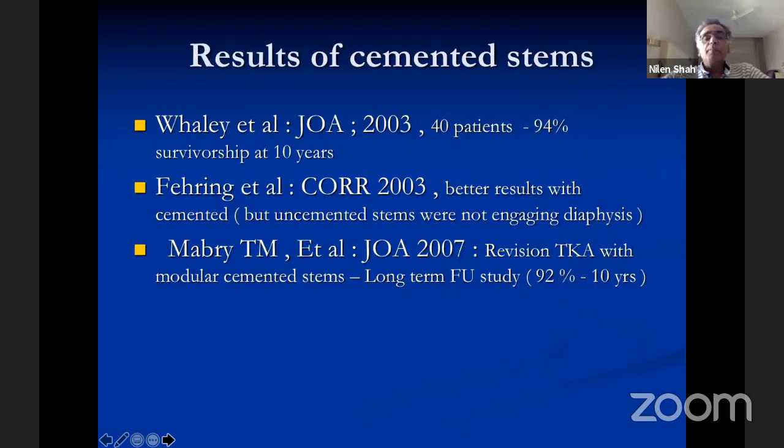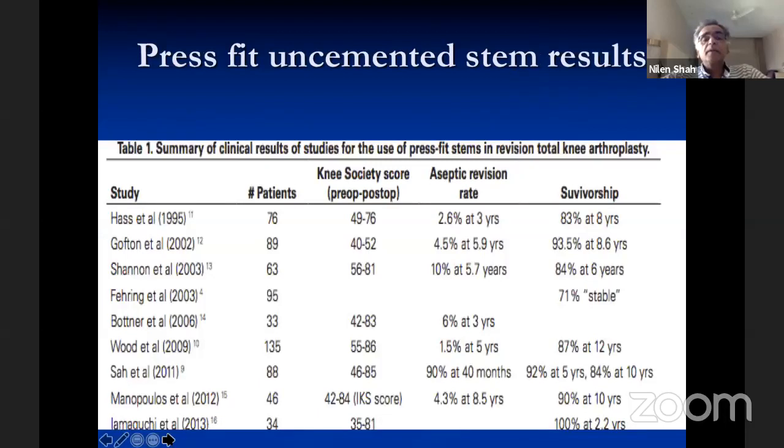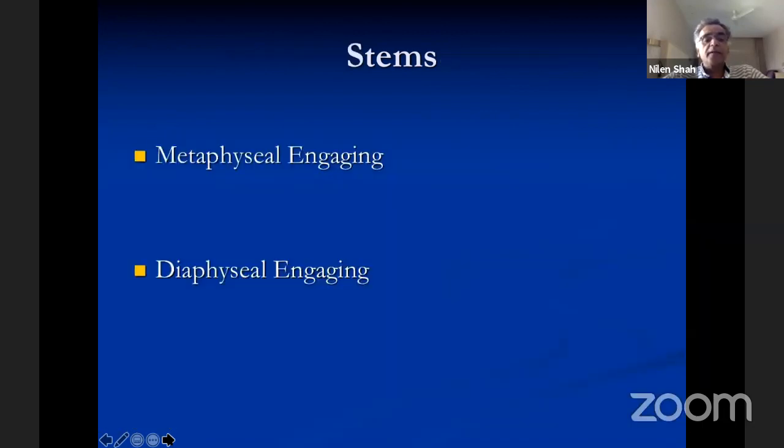There have been good reports of cemented stems in the literature, with results as high as 92% survivorship at 10 years. Similarly, even press fit uncemented stems have had good results in the literature, with 80 to 90% survivorship at 7 years.